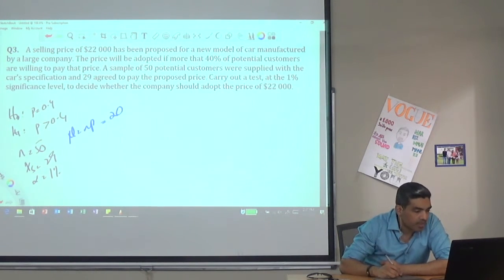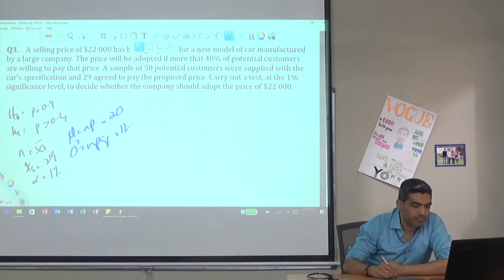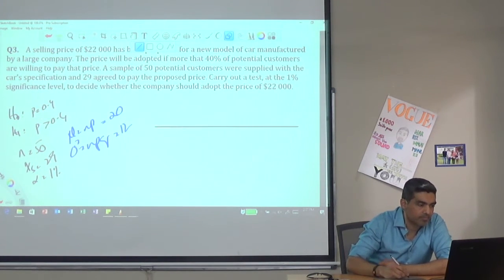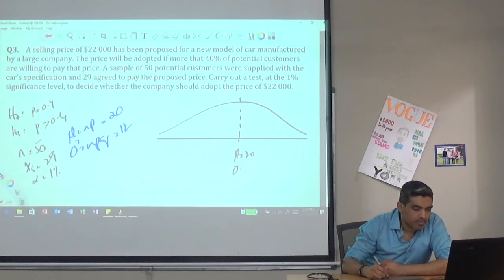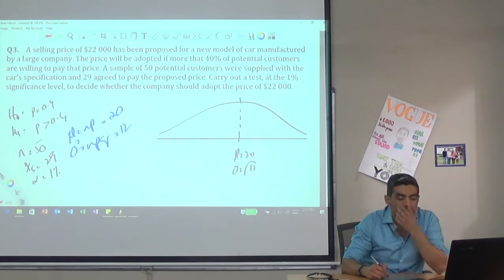And what's the variance? 12. So the mean is 20, standard deviation is root 12.